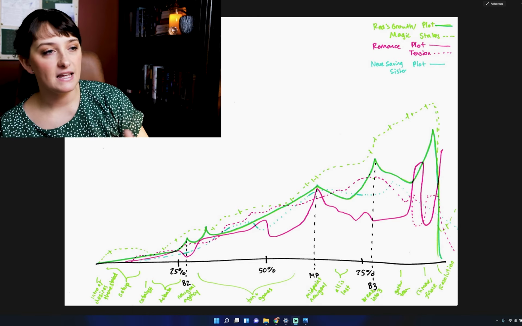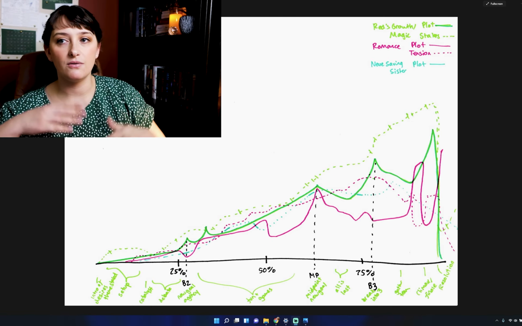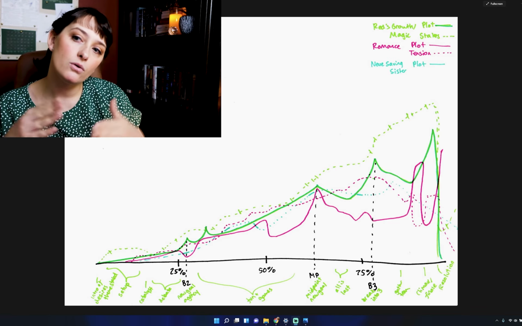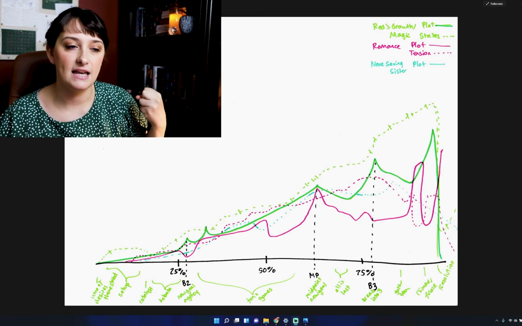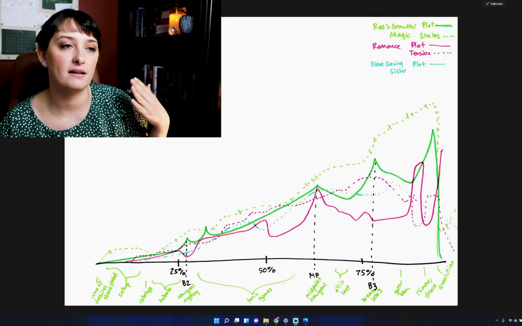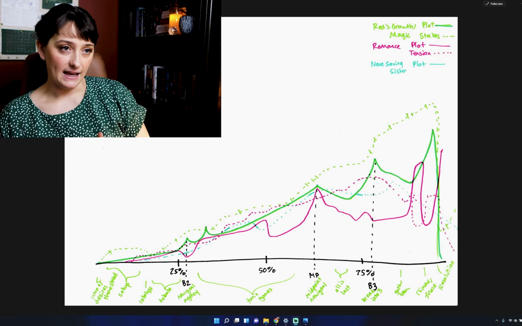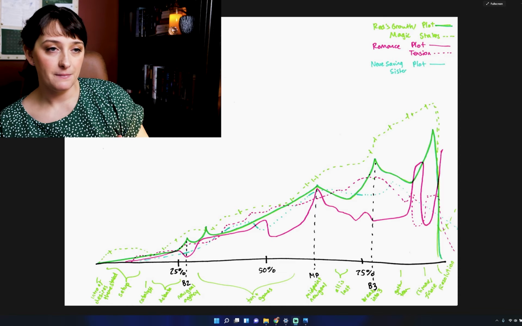Like in the fun and games section, it's high, lots of things are happening, it's exciting, but it doesn't have that same high-tension, stakes, emotional impact as the second half does after the midpoint.